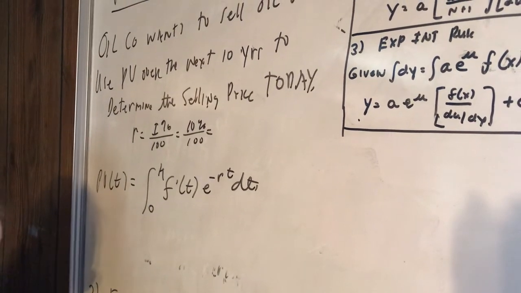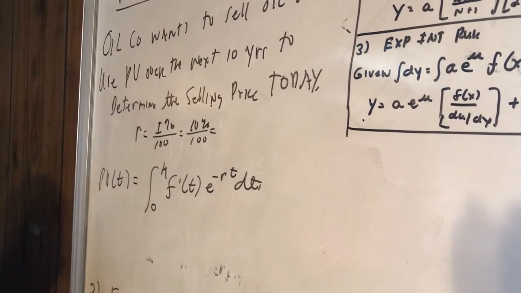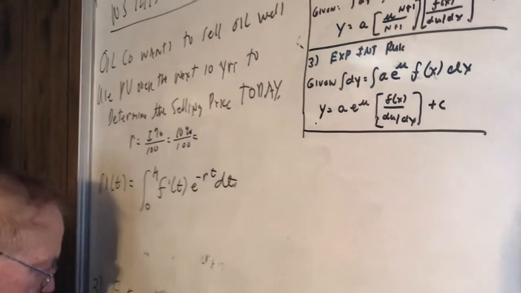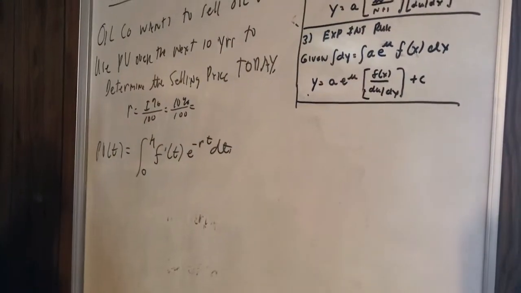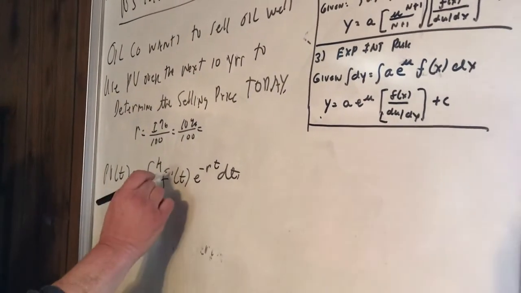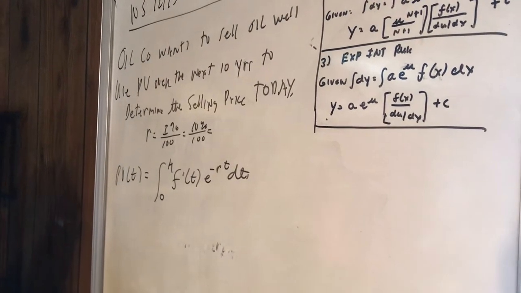So now I'm determining present value. What do I have for f prime of t?